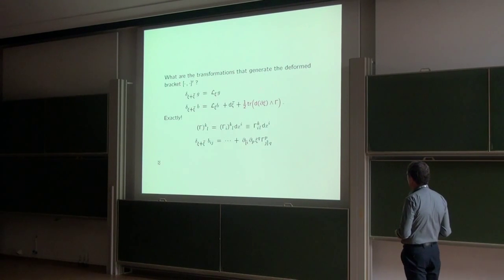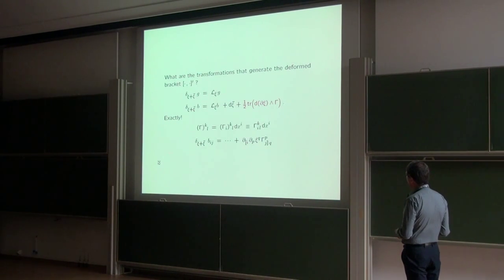How is it built? Well, this object is a matrix-valued function, and the Christoffel connection can be thought of as a 1 form with two matrix indices. So the trace contracts the 4 indices as matrices. Here you have a 1 form, and this D forms another 1 form here.